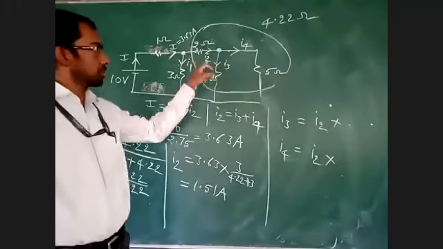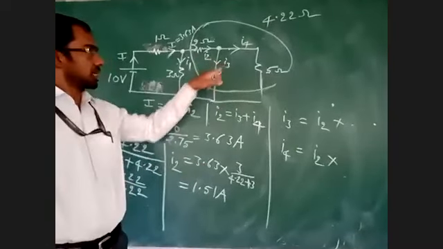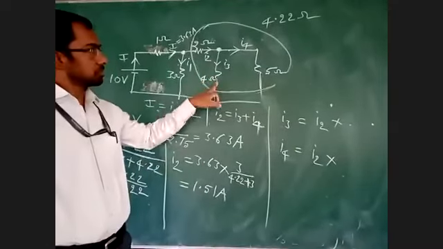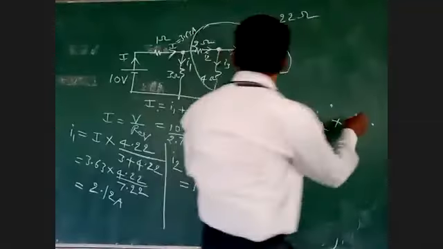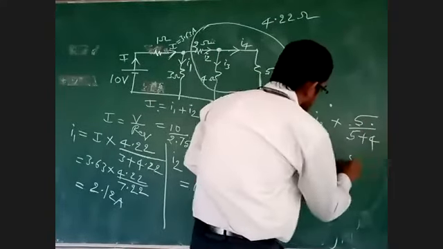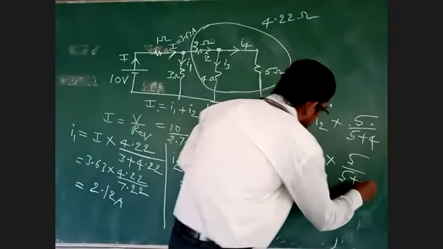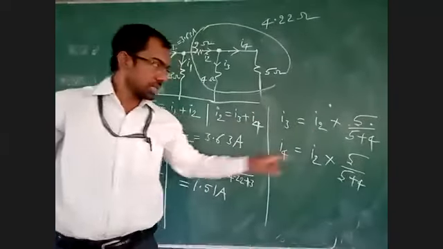For I3, I2 into the opposite branch 5 by 5 plus 4, the parallel branches. Now we know I2, 1.51. Substitute here and we will get I3 and I4.